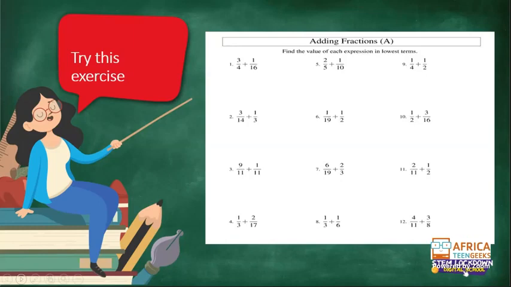All right. So now that we are done with number 4, let's look at number 5, guys. We have 2 over 5 plus 1 over 10.